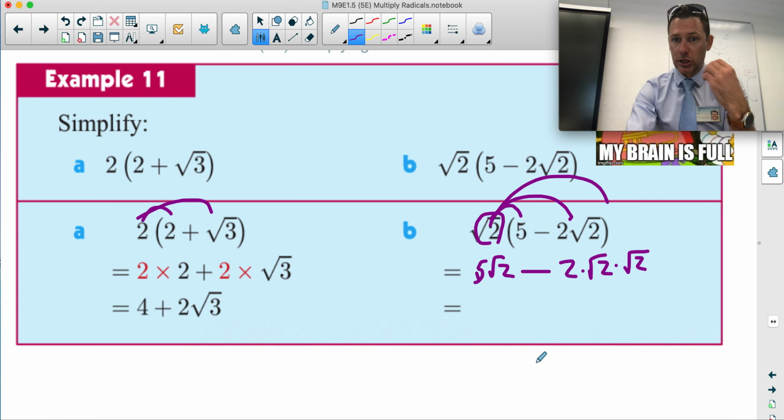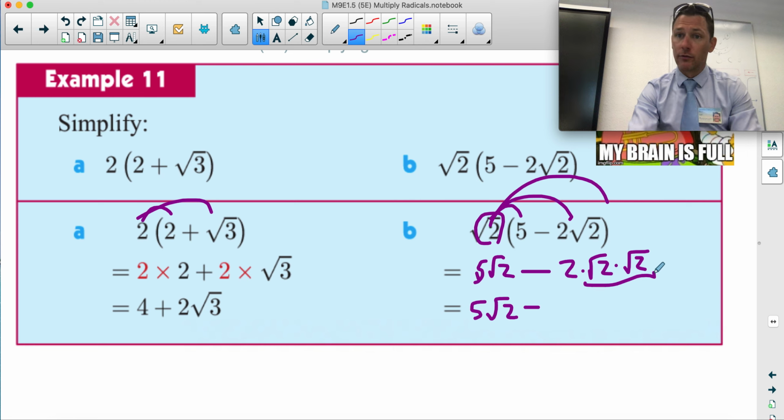It doesn't matter, just as long as you're confident in what's happening. This is 5 root 2. And this is minus, this is 4, right? You can either put them together and go root 2 times 2, or you can just know that multiplying 2 roots together will cancel out that radical. So this is 2 times 2 more, right? So this becomes 4.